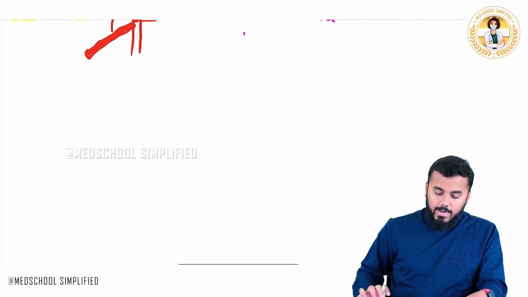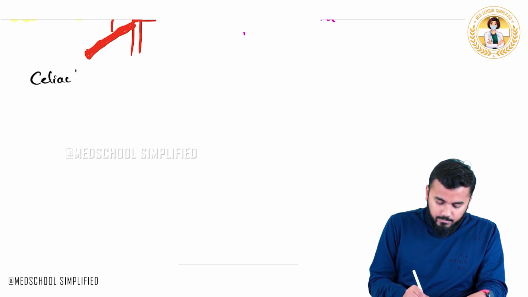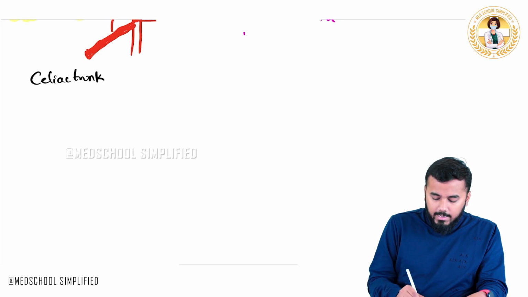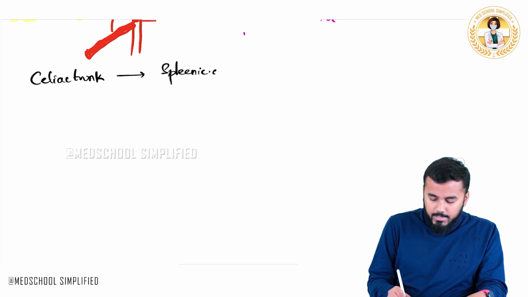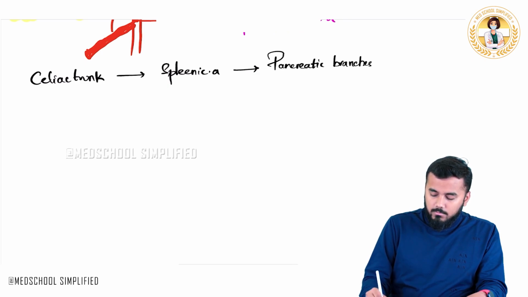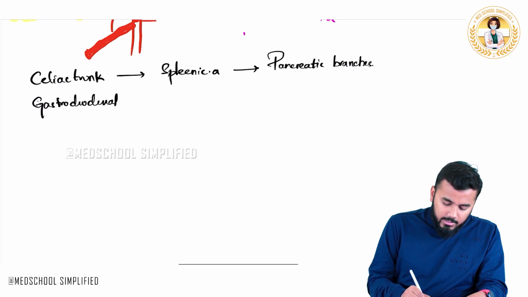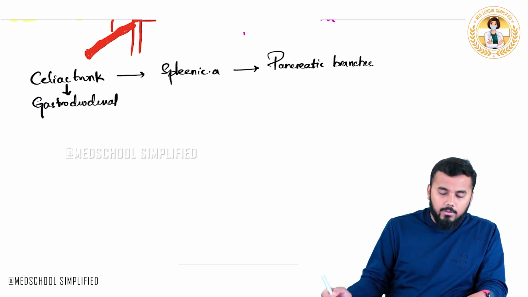We have got branches from the celiac trunk. Celiac trunk gives the splenic artery, and the splenic artery gives pancreatic branches. Okay, another one is the gastroduodenal artery. Gastroduodenal artery is a branch of the celiac trunk only.